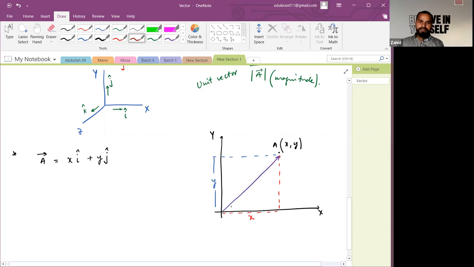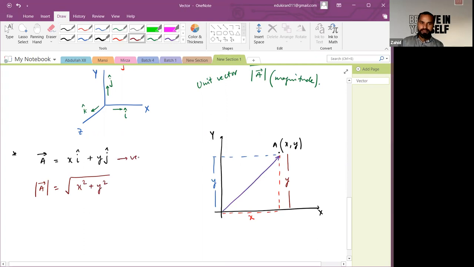Now, the arrow originating from this point to this point defines nothing but its magnitude. In this triangle, we have base x and perpendicular y. Using the Pythagoras theorem, to calculate the length of this arrow, which defines its magnitude, the mod of A is equal to root under base square plus perpendicular square.